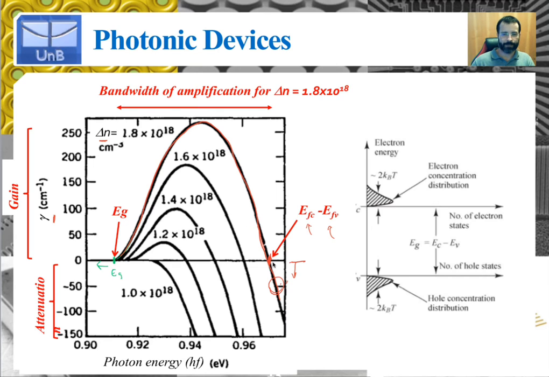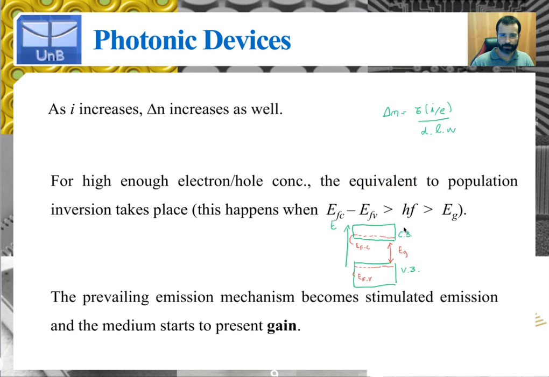So here we have attenuation, and the positive gamma part of the curve corresponds to gain. And the reason for this, that for hf larger than EFC minus EFV we have attenuation, is what we have just said: in order to have population inversion, you need EFC minus EFV greater than hf. In other words, the photon energy needs to be smaller than this. So that's why only to the left of this you have gain coefficient, and to the right of it you have attenuation constant, right? This comes from this.